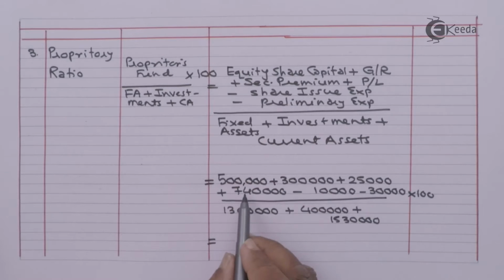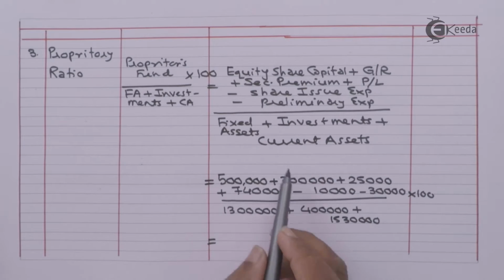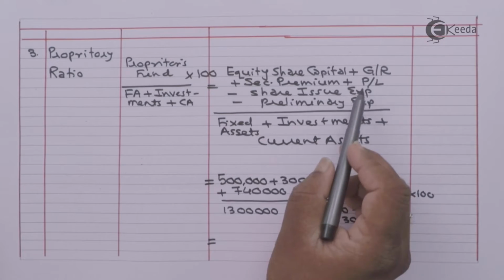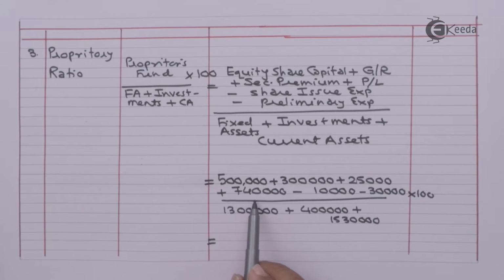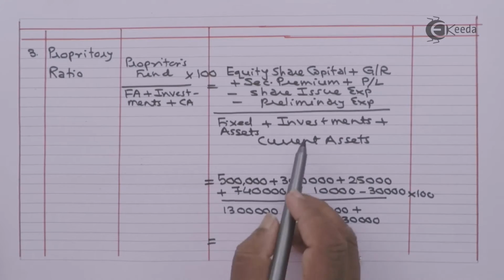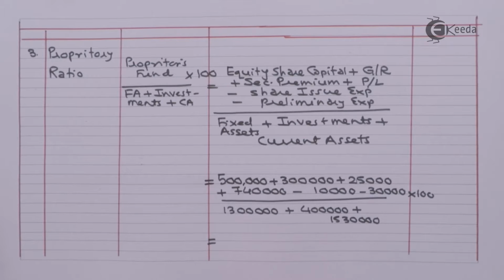Total assets are fixed assets 13 lakhs, long term investments 4 lakhs, and current assets 15 lakh 30,000.